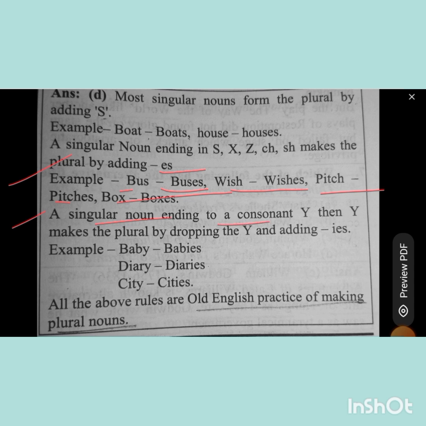A singular noun ending in a consonant plus y makes the plural by dropping the y and adding ies. It means when we have y at the end of a noun, and before it we have a consonant, we convert y into i, then add es. For example, baby: at the end we have y, before y we have a consonant b, so y will be converted into i.